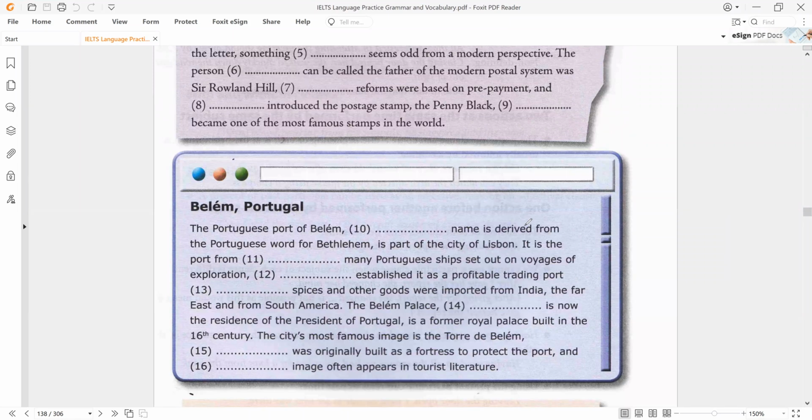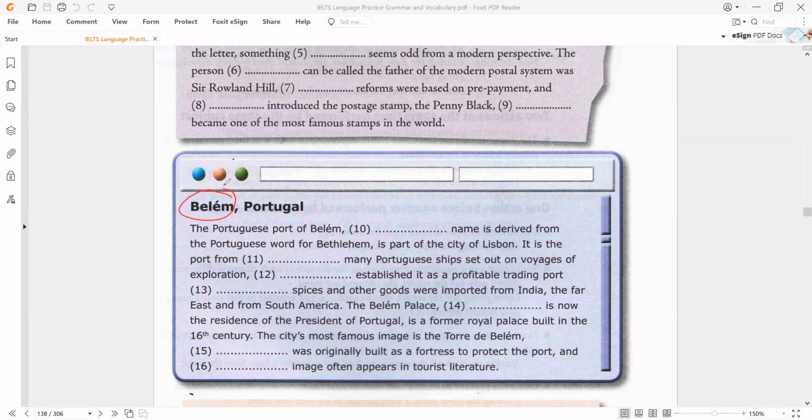Now, Belém, Portugal. Belém is a small port, and this is something maybe for your information.